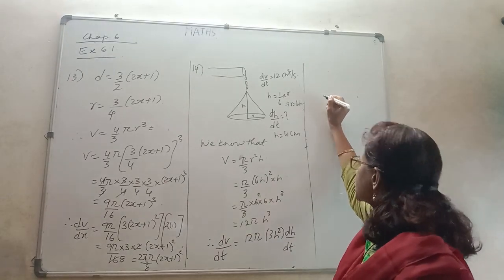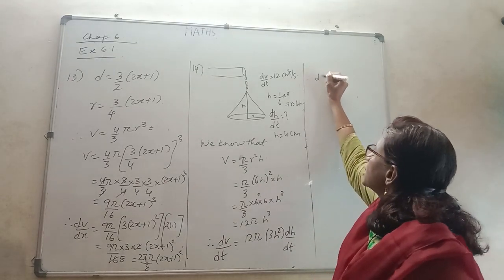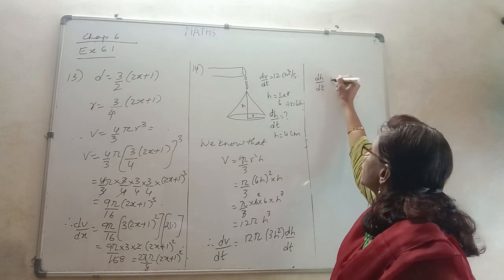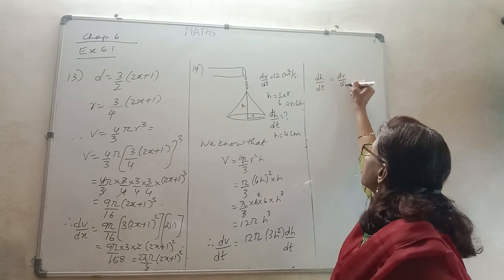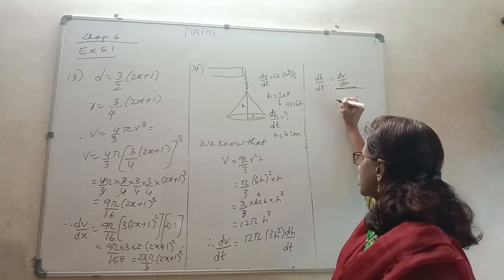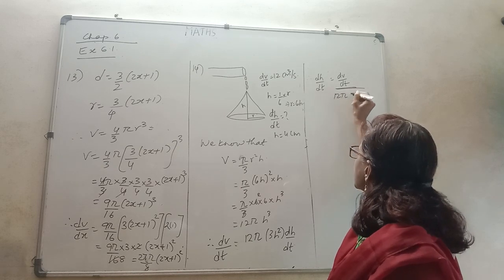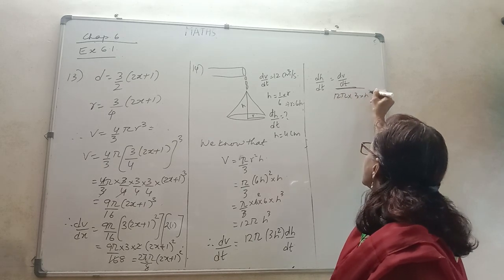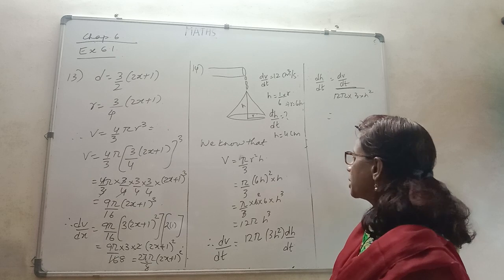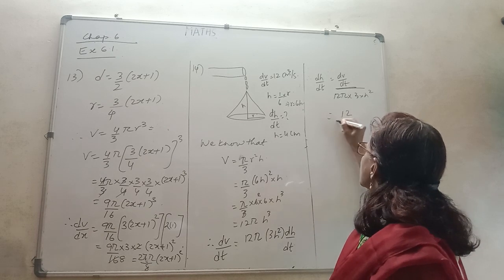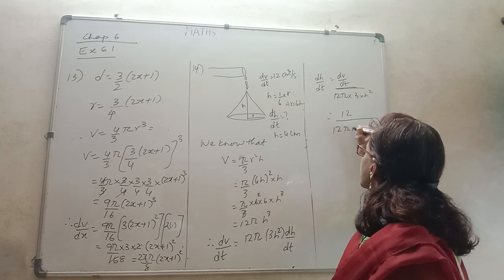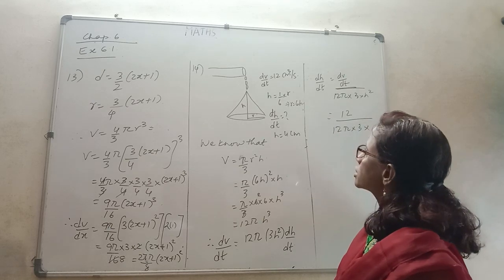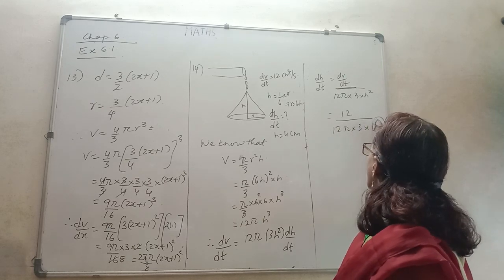So dh/dt is going to be dV/dt divided by 12π into 3 into h². So let's make all the substitutions. dV/dt we have, it's 12. Here we have 12π, 3, and h is given as 4.